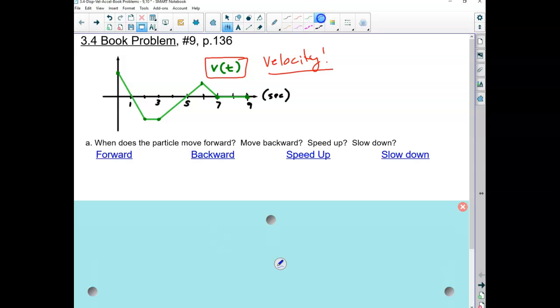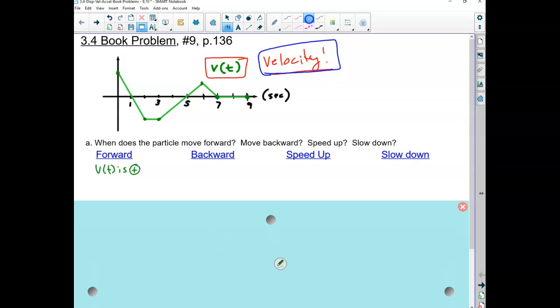When I'm looking at the graph of velocity, remember from yesterday, when the velocity was positive, I was either moving upwards or I was moving to the right. So I'm moving forward when v of t is positive.